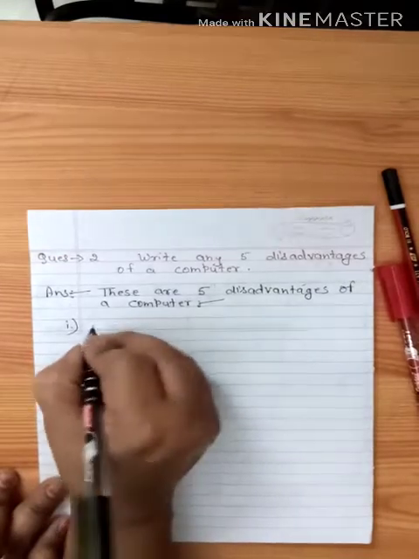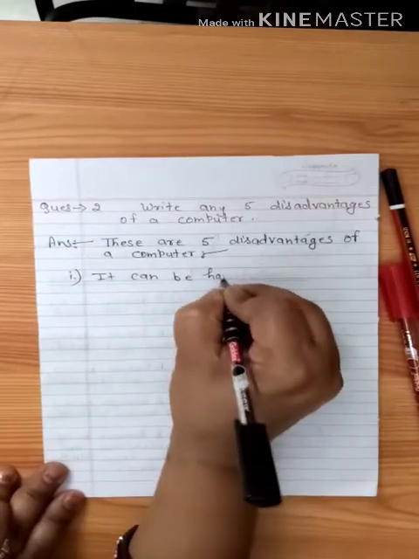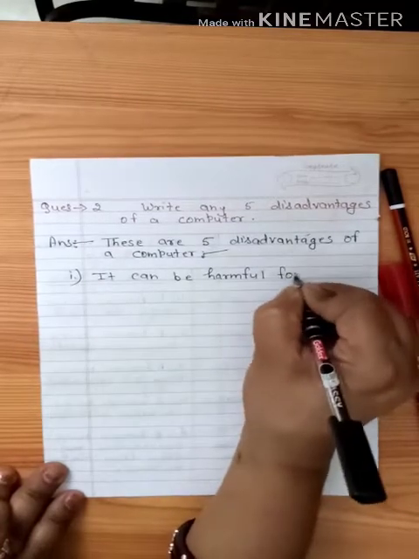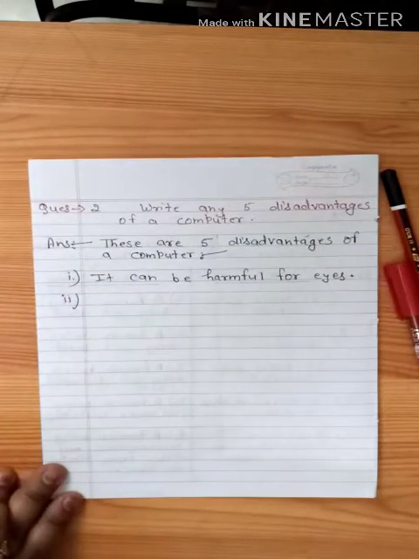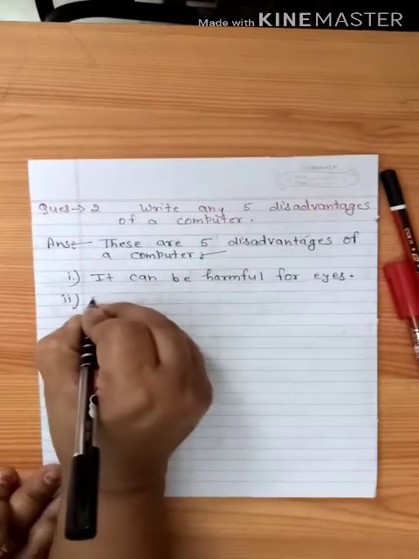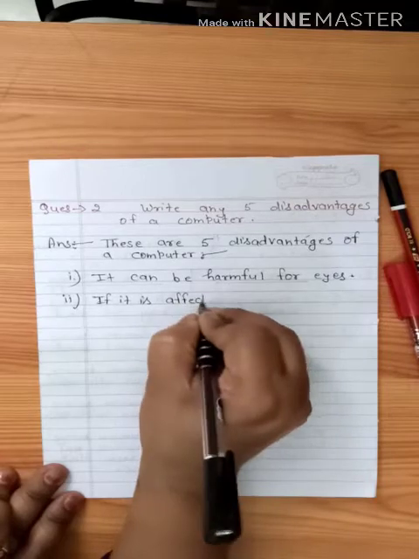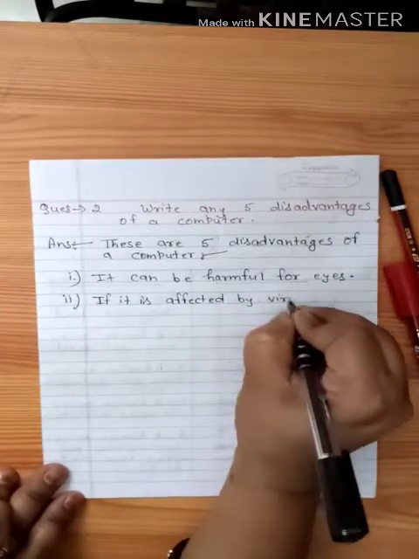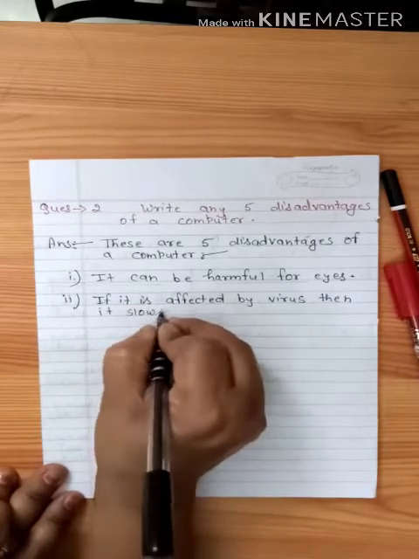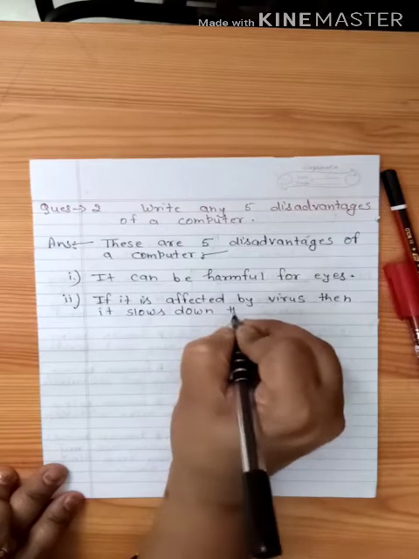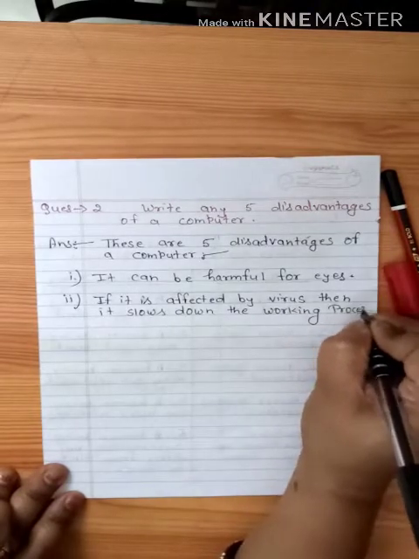Number 1: it can be harmful for eyes. The second one: if it is affected by a virus, then it slows down the working process.